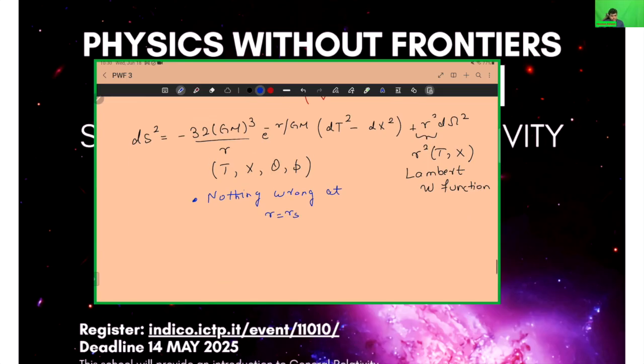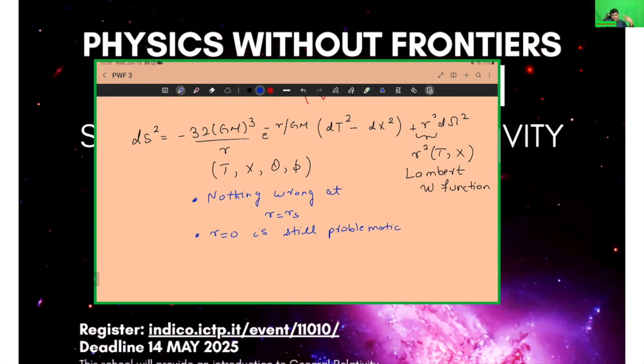Second thing is that r equals 0 is still problematic, because you can see that if r equals 0, then this becomes infinity and this becomes 0. So you get some problem here, which means that you cannot get rid of the singularity at r equals 0 using a coordinate transformation.